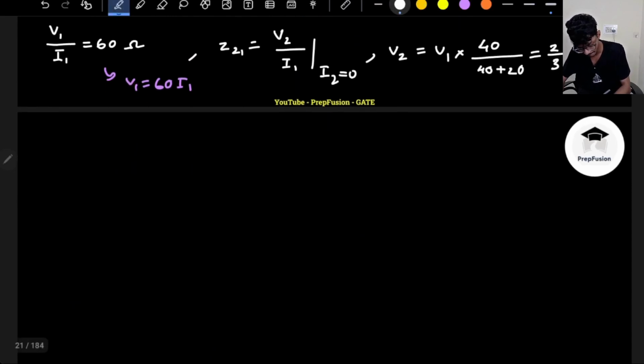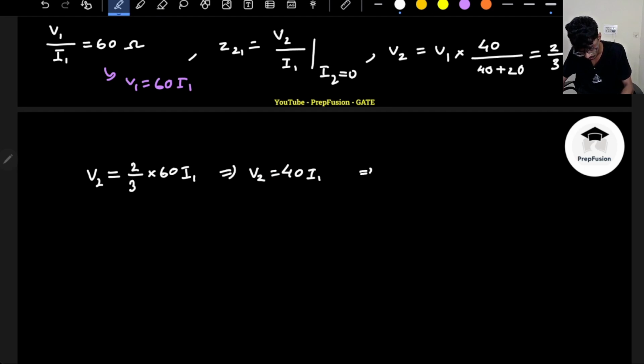So V2 will be equal to 2 by 3 into 60 into I1, so V2 equals 40 into I1, or V2 by I1 will be equal to 40 ohms.